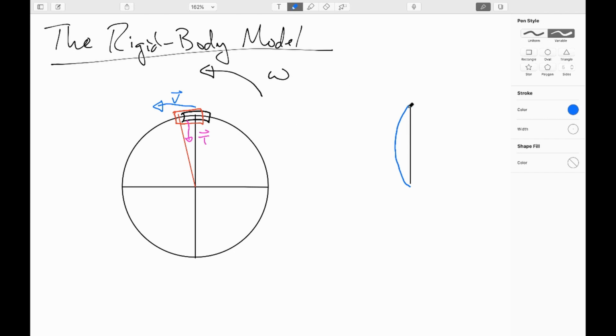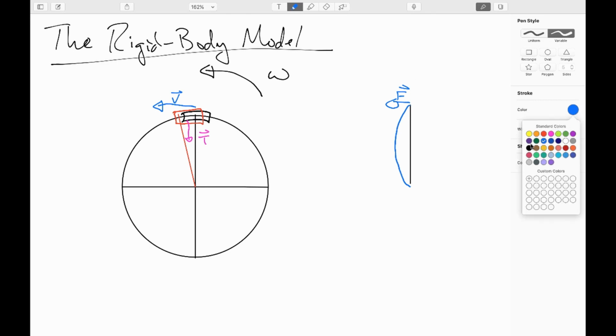And the spoke is going to want to return back to its original shape. And so as a result, it will exert a tangential force on the chunk of the bike rim in order to make the bike rim speed up.